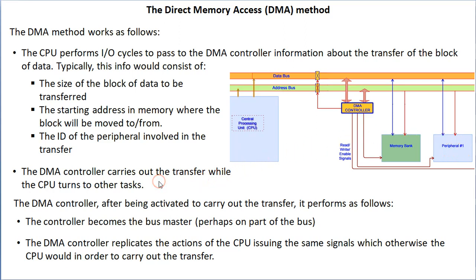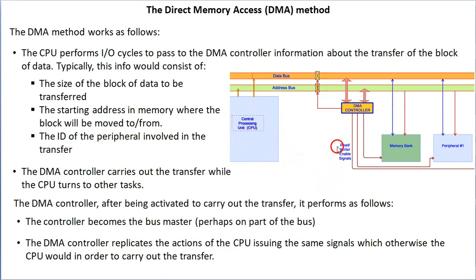Then the DMA controller will carry out the transfer. It will be the one that will be providing the signals that otherwise the CPU would be providing, therefore freeing the CPU to turn to other tasks.